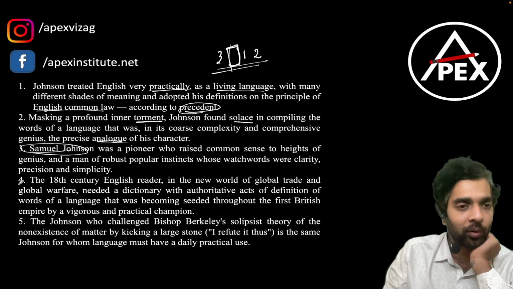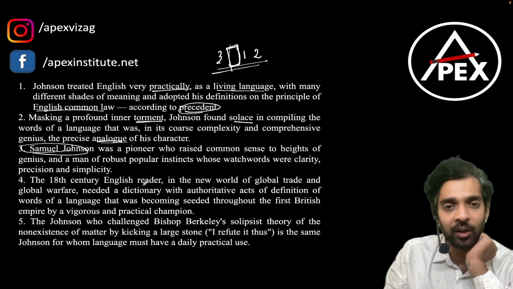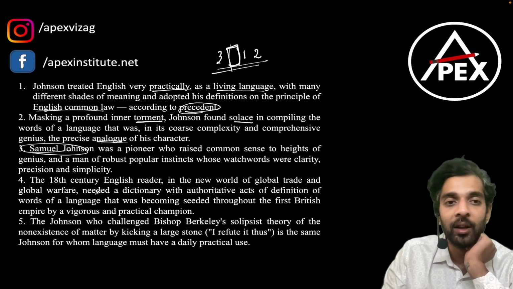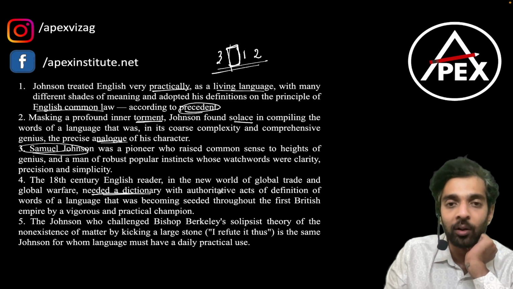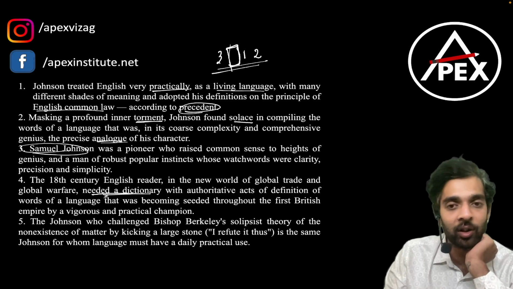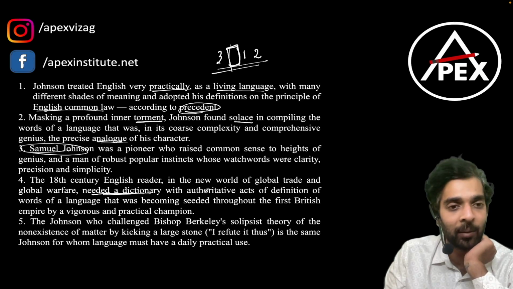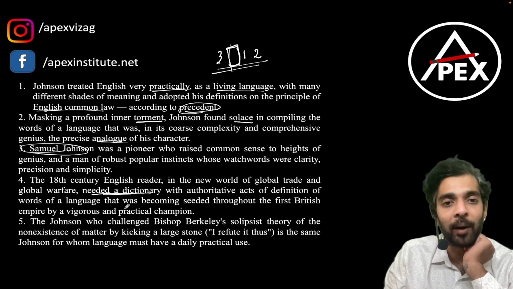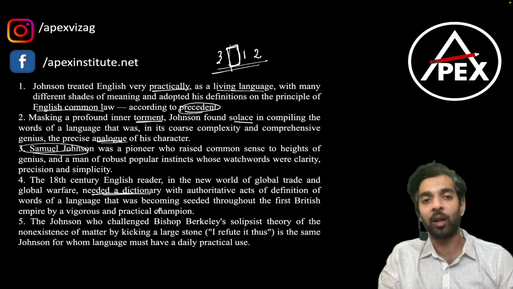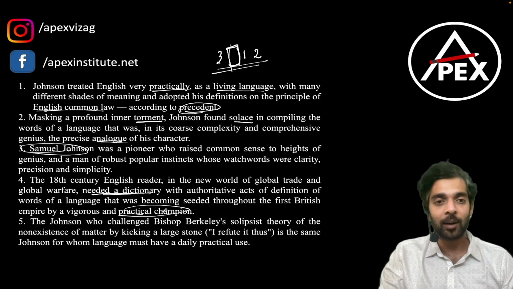Now in the 4th one, we see that the 18th century English reader in the new world of global trade and global warfare needed a dictionary with authoritative acts of definition of words of a language that was becoming seeded throughout the first British Empire by a vigorous and practical champion. Okay, who is this practical champion?